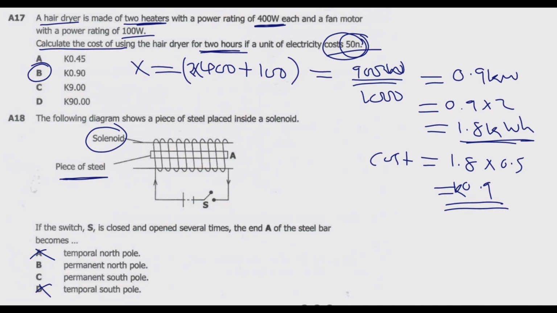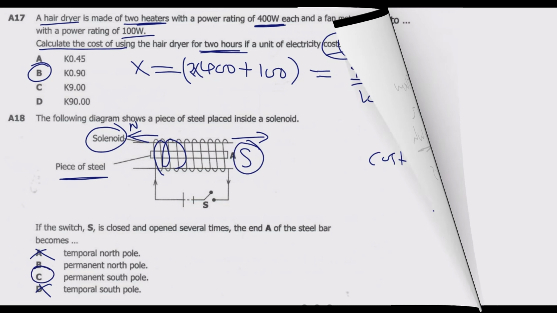The current is moving up, down, inside like this. So this is how we hold, then our thumb will point in this direction. So the thumb points to north, then the other side will be south. So A is south. If you hold it using our right hand as a grip, then we'll notice that A will be south. So south but permanent. You notice that C is the correct answer.